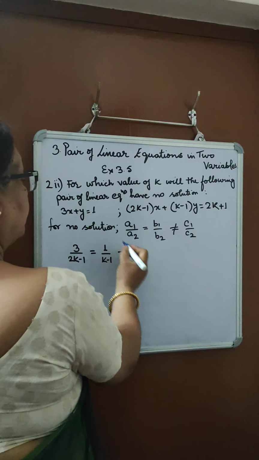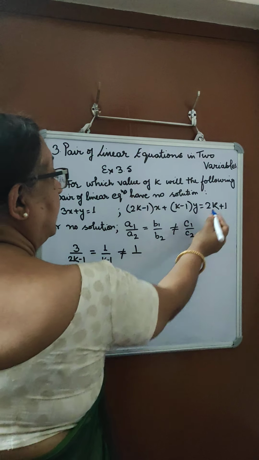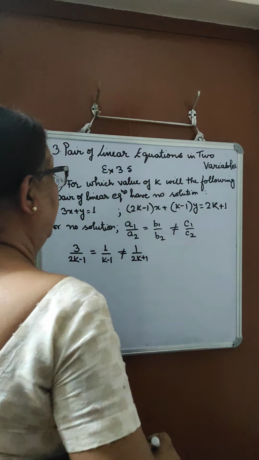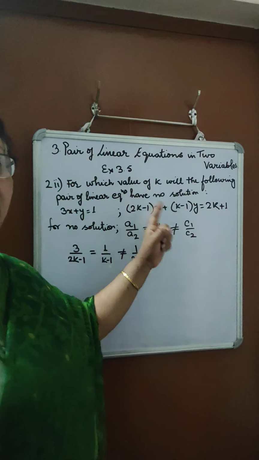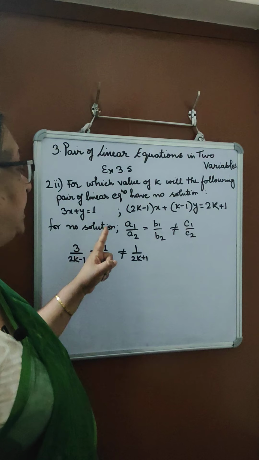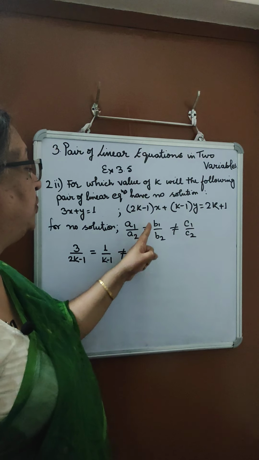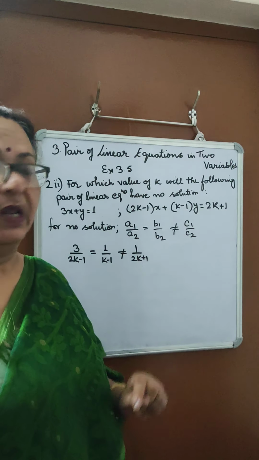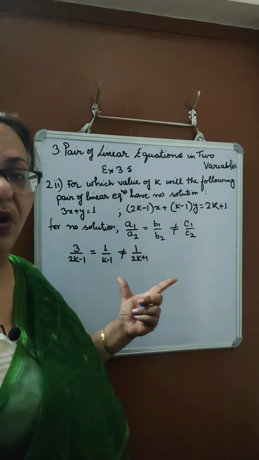What is C1? The constant, 1 by 2k plus 1. Okay. So from the given two equations, we substituted the values of A1, A2, B1, B2 and C1, C2 according to this condition. Now we need to solve it.